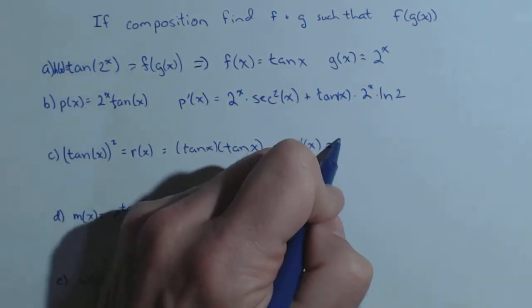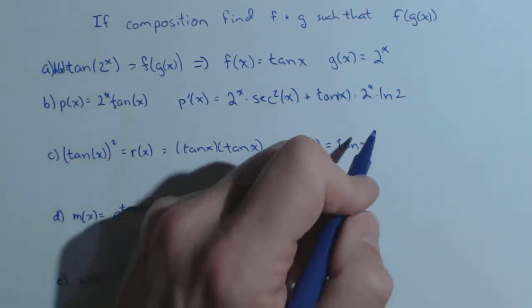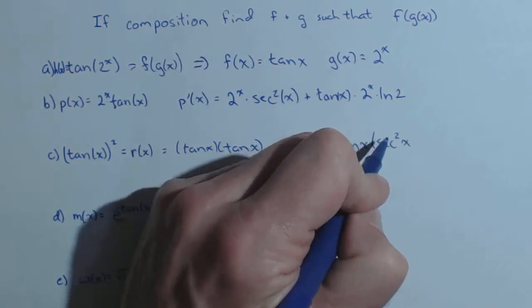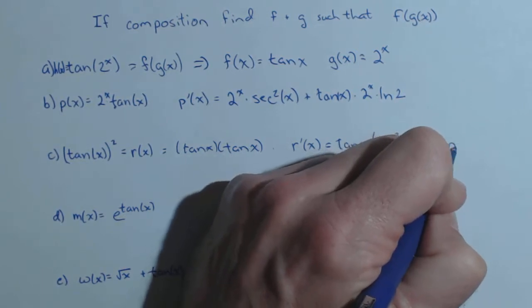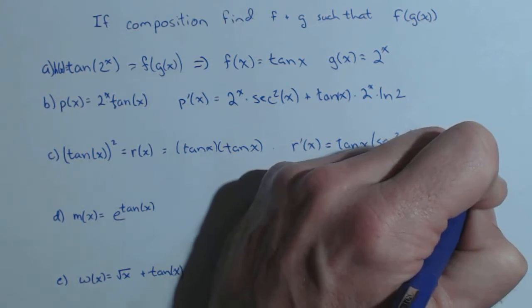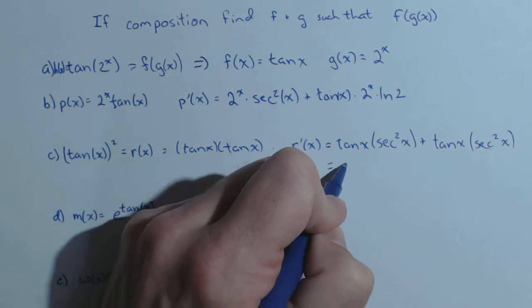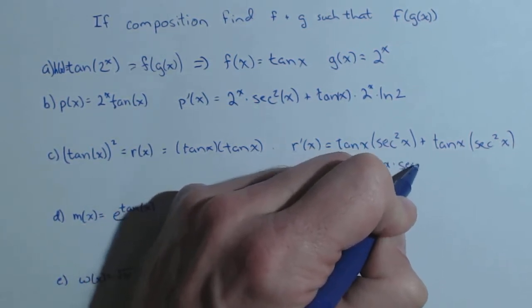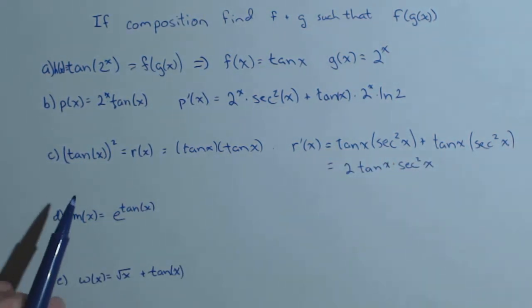So hold the first part constant, tangent of x, times the derivative of tangent, which is secant squared of x, plus, now we're going to hold the second part constant, which looks a lot like the first, tangent of x, times the derivative of tangent of x, which is secant squared of x. So we could simplify that into 2 tangent of x times secant squared of x. So we can find the derivative with the product rule.